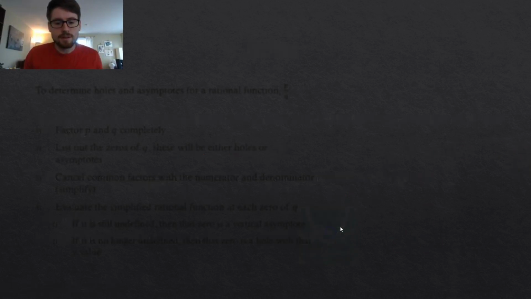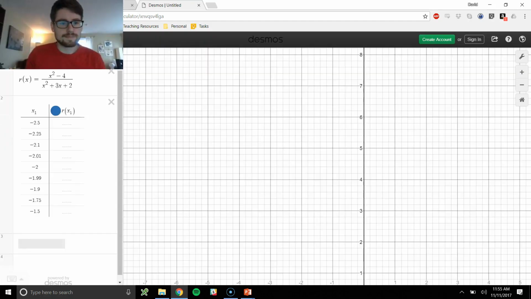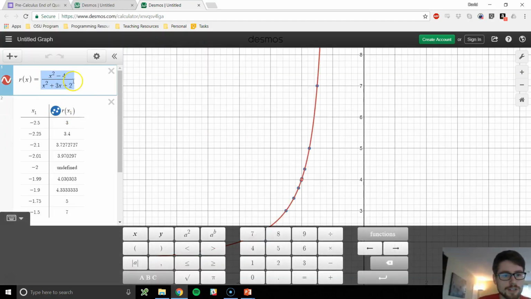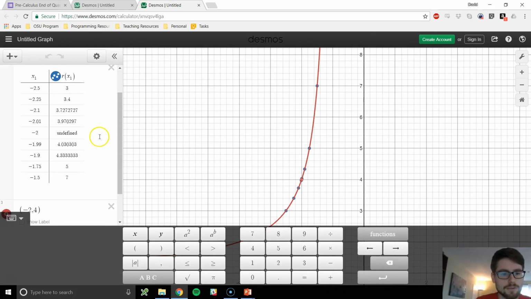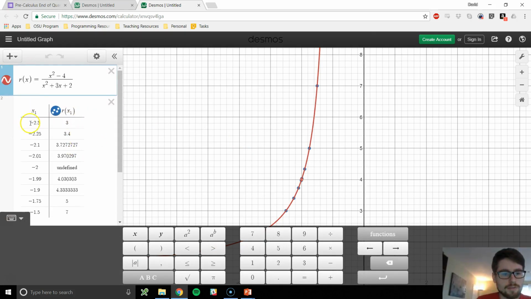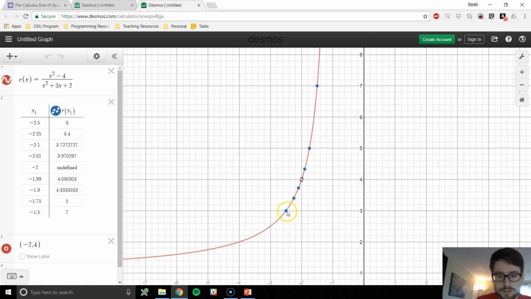So there's our function, (x² - 4)/(x² + 3x + 2), and I have it evaluated at a bunch of numbers that are close to negative 2. We have negative 2.5, so this is just to the left, negative 2.25, negative 2.1, getting closer and closer to negative 2 from the left. And negative 1.5, negative 1.75, negative 1.9, these are getting closer and closer to negative 2 from the right.